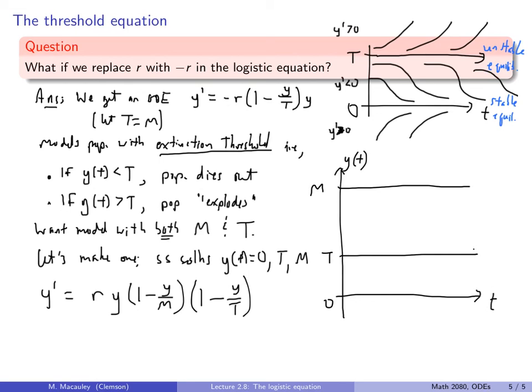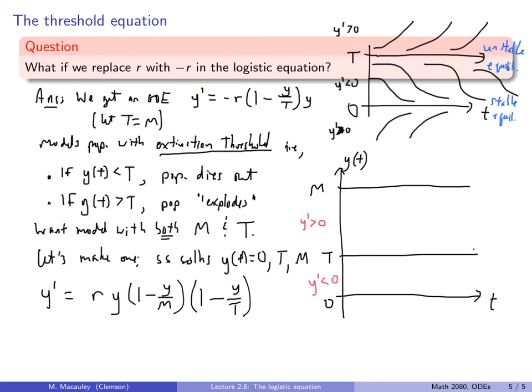Let's check. Now we know that y prime should be positive in this region, right? We want our solution curves to be going like this, not like this. Y prime should be negative down here, so we want our curves to go like that.